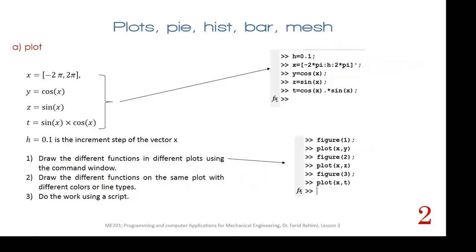If you give a number to your figure, it means that every time you want to call this figure to draw or to add something on it, you have to call it by its number. If you give the number 100 to this figure, and you plot x and y, and you want to add a label for x, for example, the x-axis is the time and the y-axis is the velocity of a particle, because I love talking about transportation engineering, so all my examples would be around this.